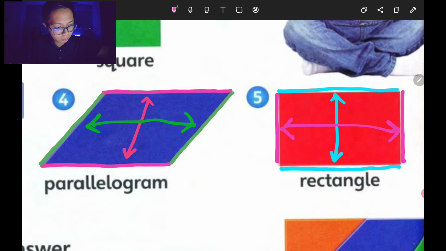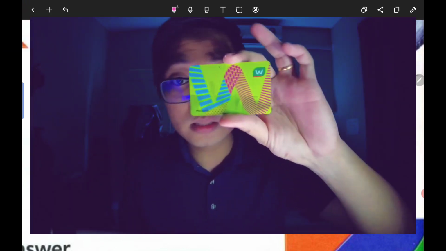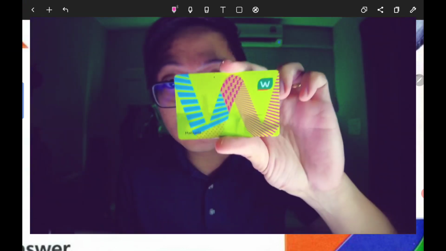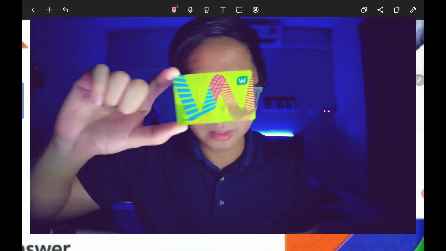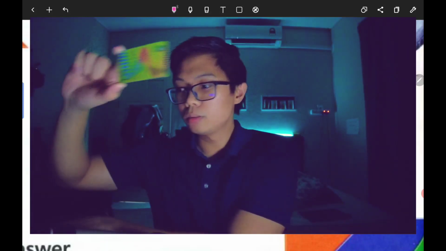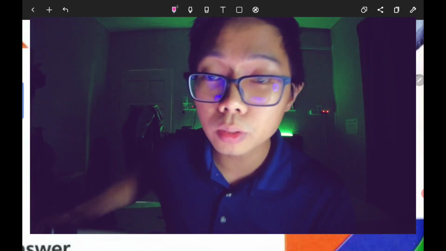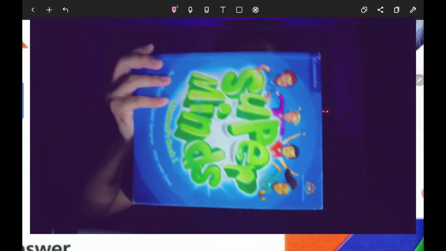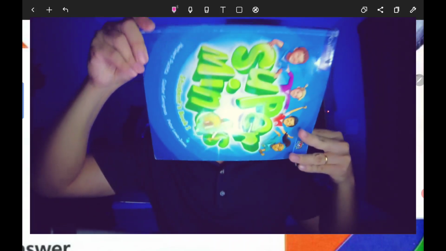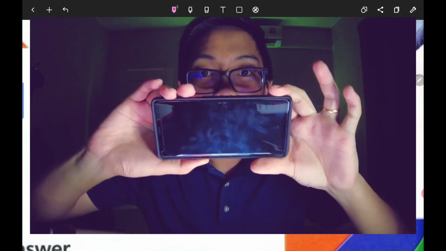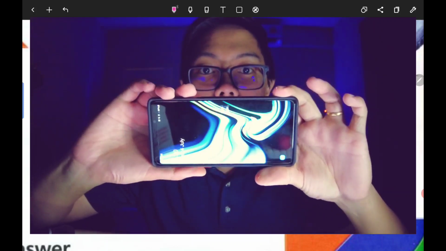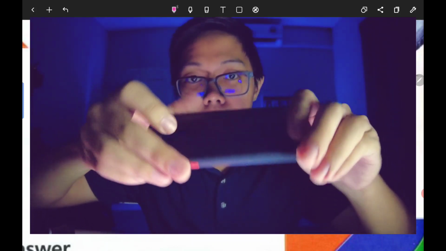For example, my Watson cut. Okay, ini cut Watson. So if you see the shape, it is rectangle. And many more, just like your Supermind book, okay, is also a rectangle. And your cell phones are mostly rectangles, right?